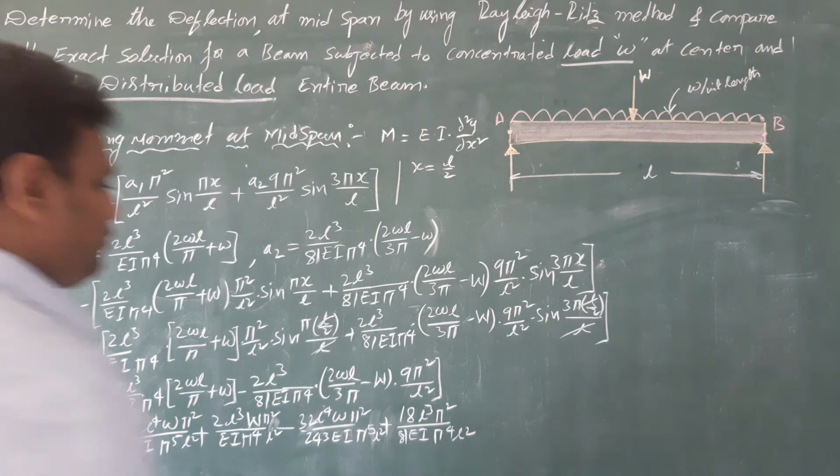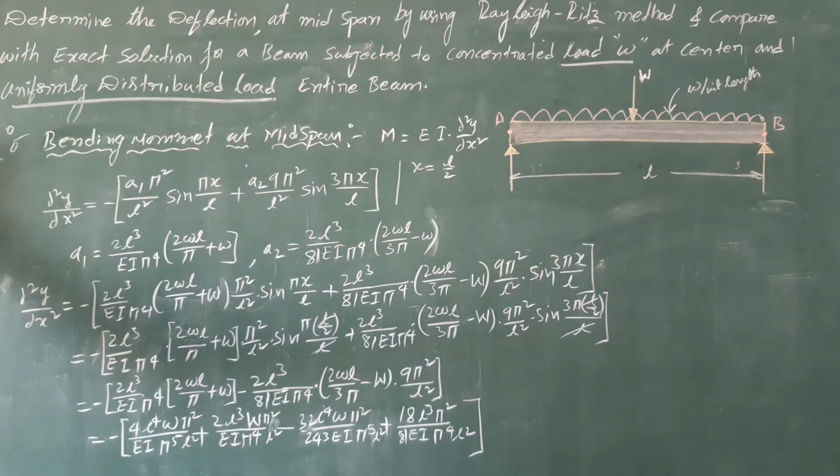Here L square, L 2 times cancelled and pi power 4, pi 3 times.